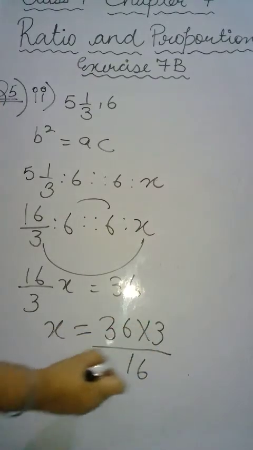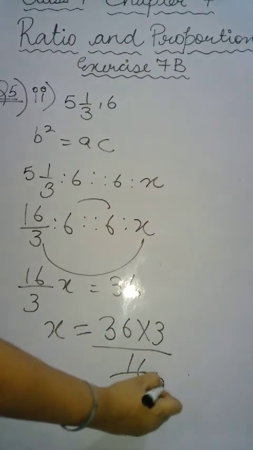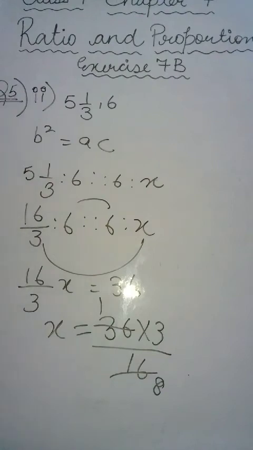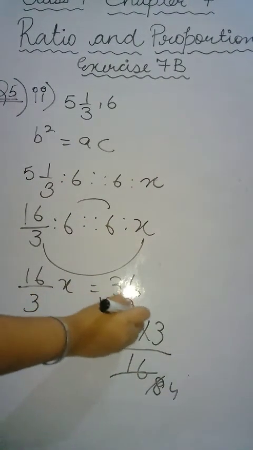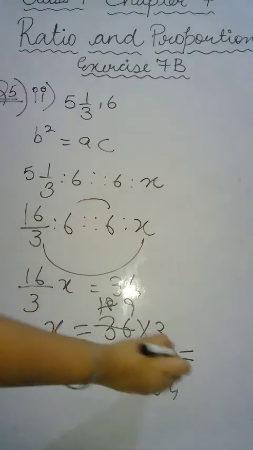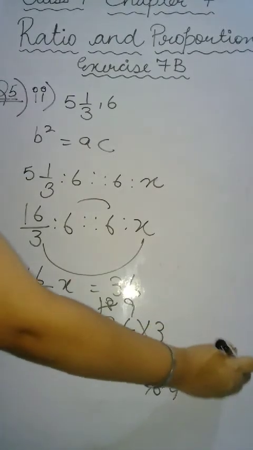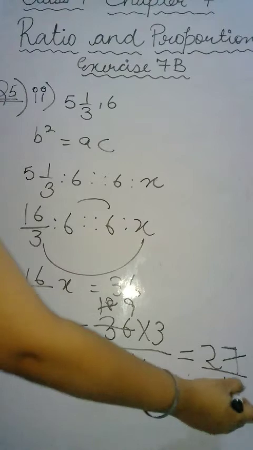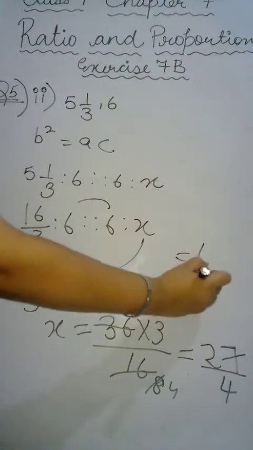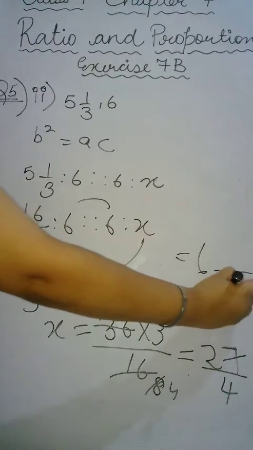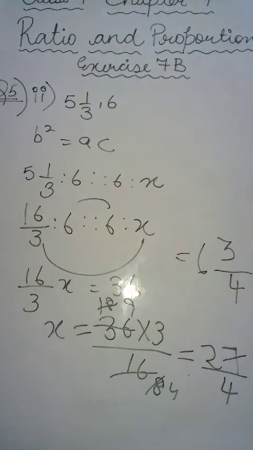Cut it with the table of 2. 2 eights are 16, 2 ones are 2. 2 eights are 16, 2 fours are 8. 2 nines are 18. You are left with 9 threes are 27 upon 4. Change this into a mixed fraction. You will get 6 as the whole number and 3 by 4 as your answer.